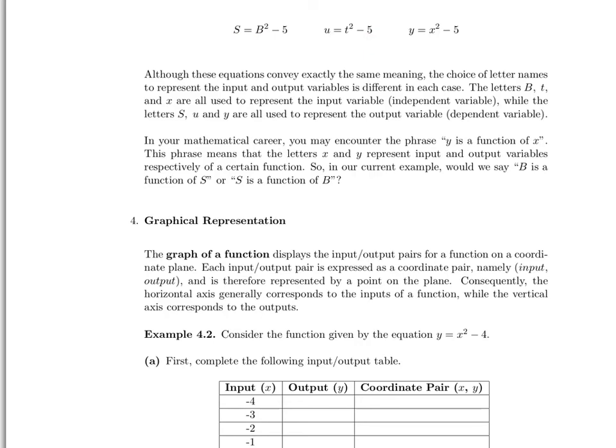Let's look at the next one. t squared minus 5. So t is playing the role of the input because we're squaring it and subtracting 5. u is playing the role of the output, or the dependent variable. In the last equation, x is playing the role of the independent variable, or input, and y is playing the role of the dependent variable, or the output. All of these equations convey exactly the same meaning. The only difference is the choice of letter names.